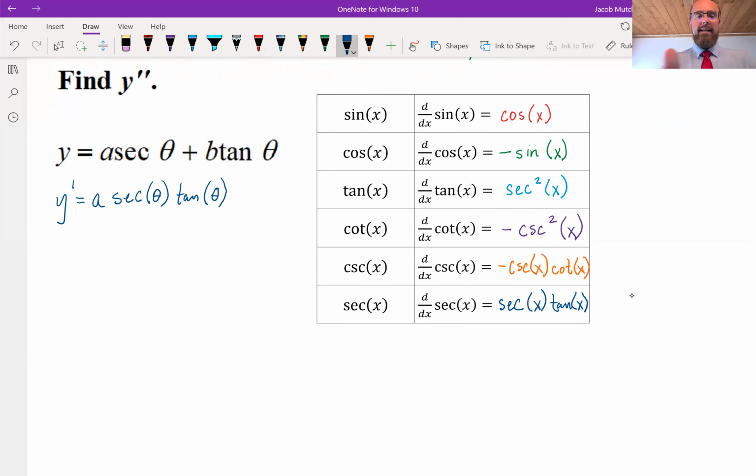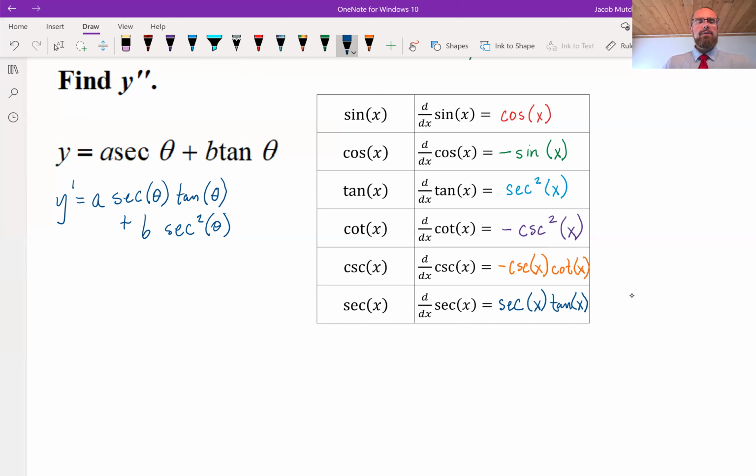It's describing an angle measurement. Plus b, and then the derivative of tangent, which is secant squared of theta. And that gives me really my first derivative.